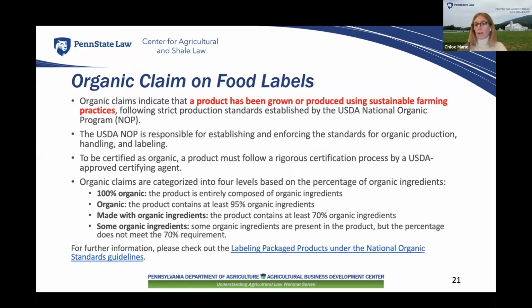And some organic ingredients, meaning that some organic ingredients are present in the product, but the product does not meet the 70% organic ingredients requirement. If you'd like to learn more about the 4 types of organic labels, please check out this link for a more detailed overview.